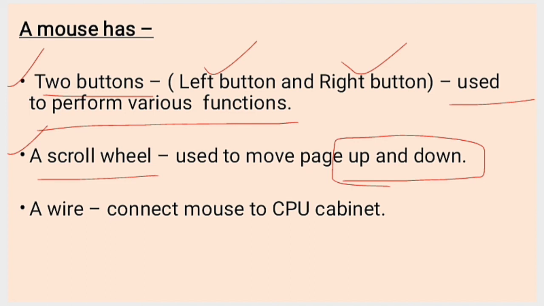That is why this scroll wheel is used. Third is a wire. What is the use of a wire? Simply, wire is used to connect the mouse to the CPU cabinet. जो वायर है वो हमारे माउस को CPU बॉक्स और we can say CPU cabinet से join करती है.